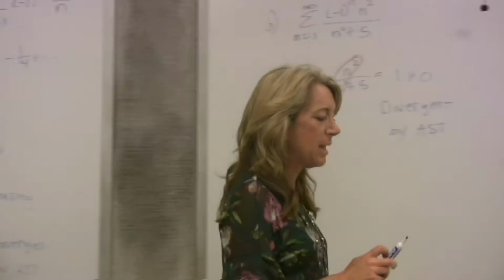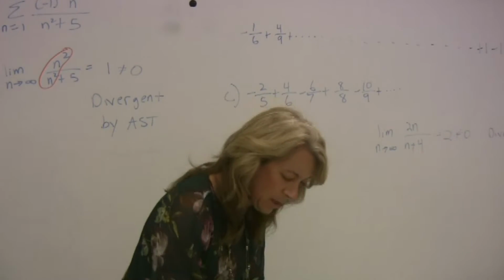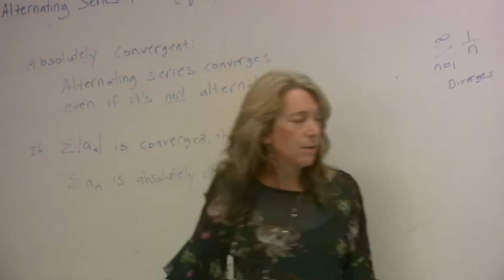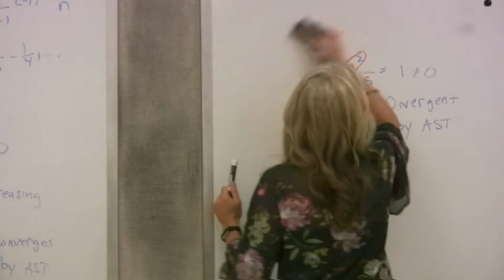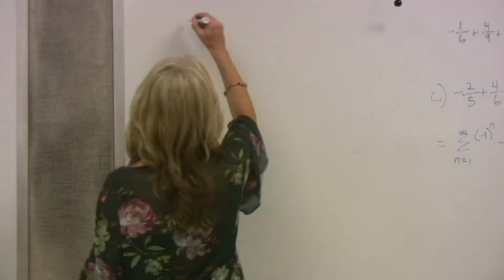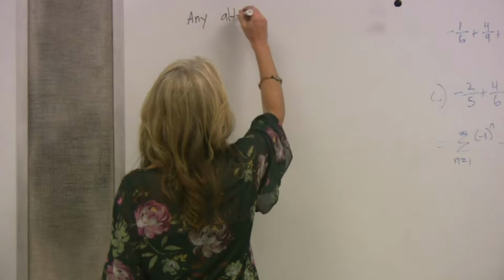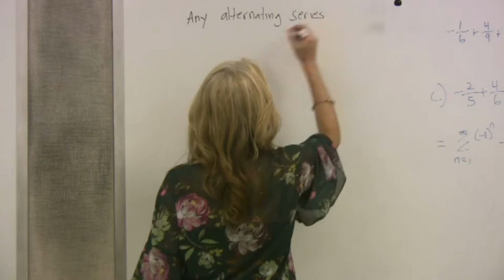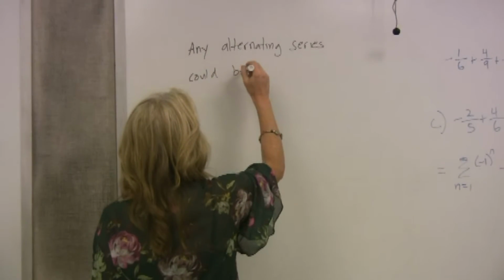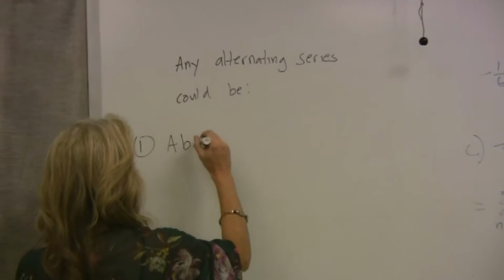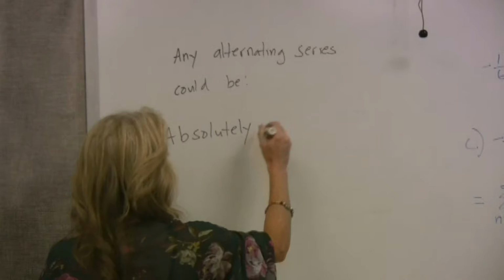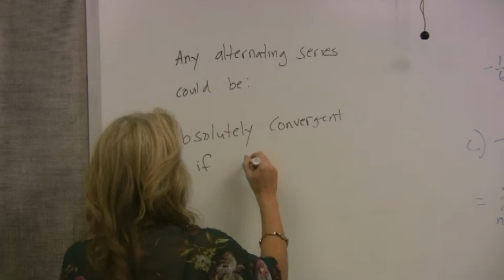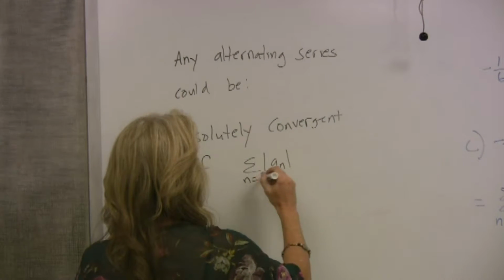So there's three things that can happen. One is I'm going to get a pen that works. That's not one of the three, that's four. There's three things that can happen with an alternating series. Any alternating series could be, one, absolutely convergent, if the series of absolute values still converges.